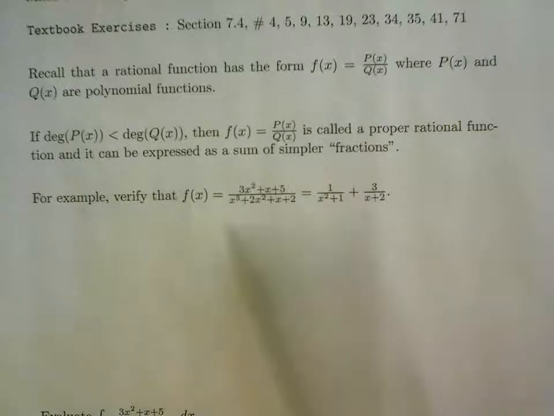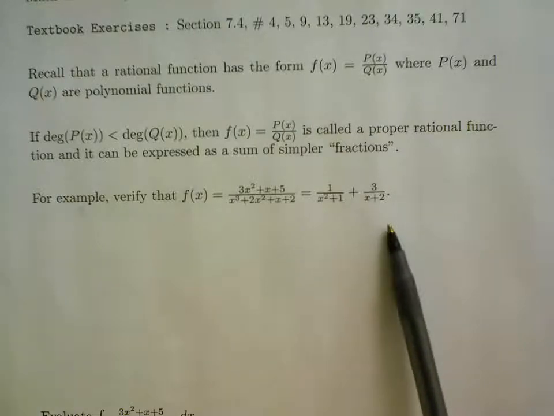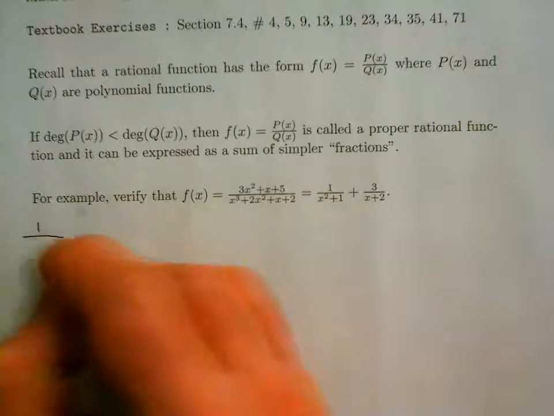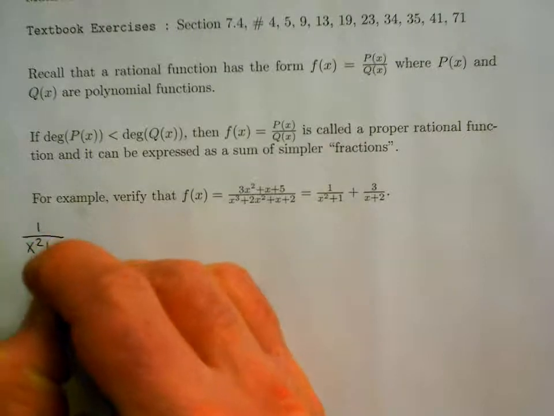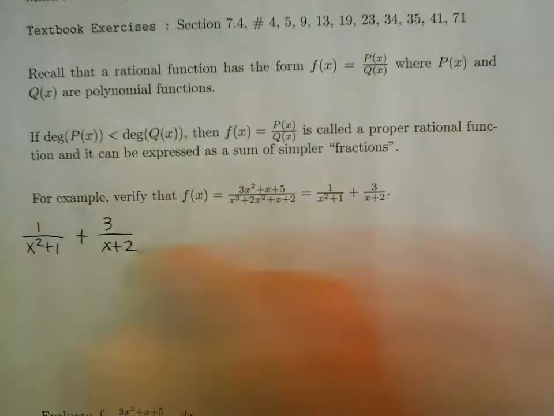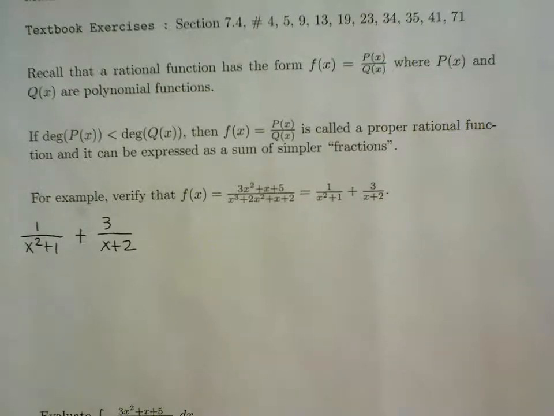So we'll verify that this equation is true. If we begin with 1 over x squared plus 1 plus 3 over x plus 2, and we write this as a single fraction or a single rational expression, we need to have a common denominator. In arithmetic or algebra, before you can add two fractions, you have to have a common denominator.